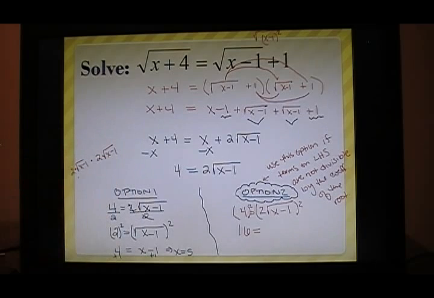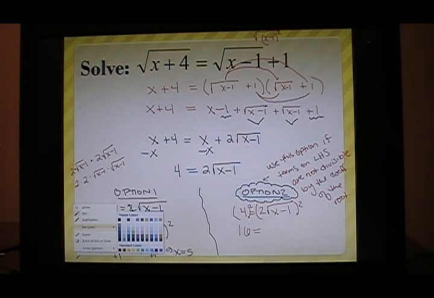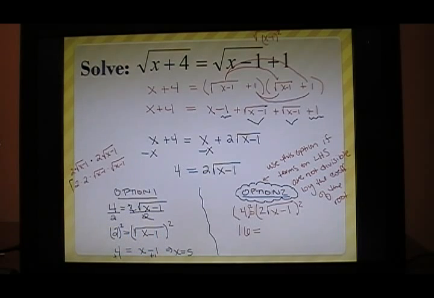So we can switch these two factors around. That's the same thing as 2 times 2 times the square root of x minus 1 times the square root of x minus 1. And then we have the associativity property, which says we can group those factors. So we can multiply these two together, and we can multiply these two together.